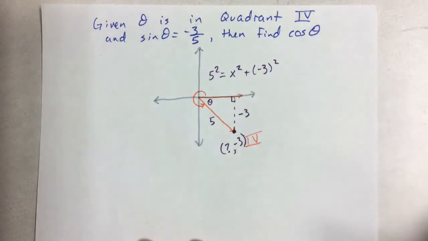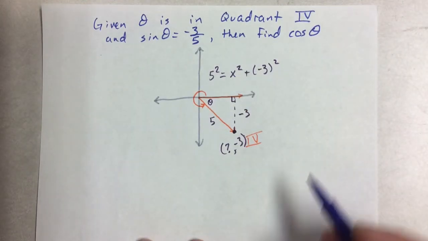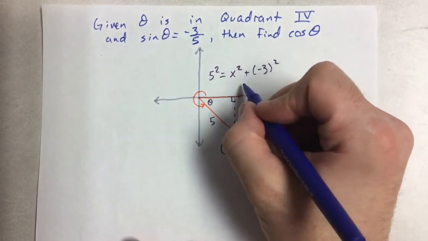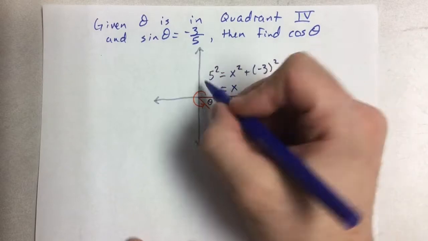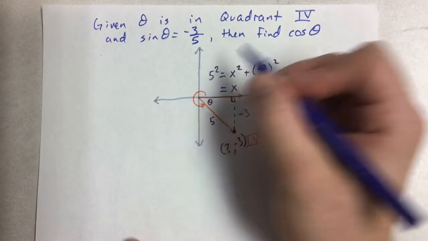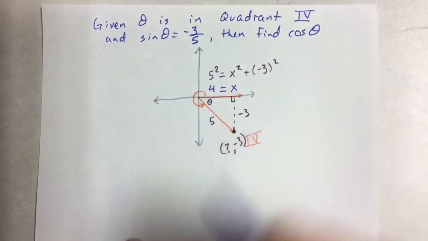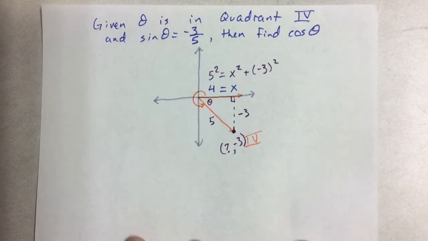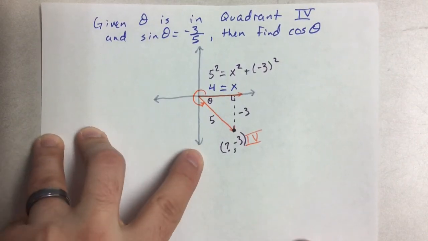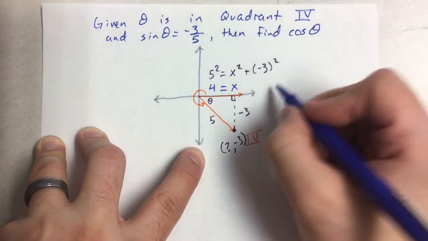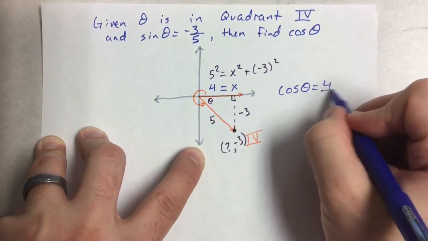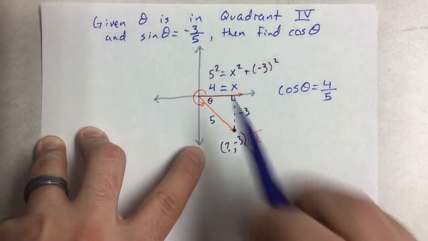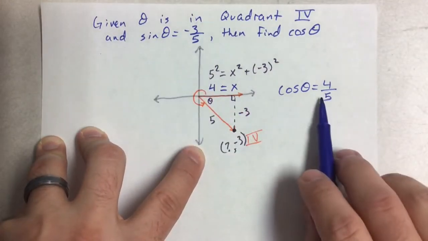In solving this Pythagorean theorem, we would find that we get x to be +4. You get square root of 16, but it ends up being +4 when solving it. Okay, so we have our x component 4, so cosine of theta then will be 4 over 5. So where sine was negative, our cosine ratio is positive.